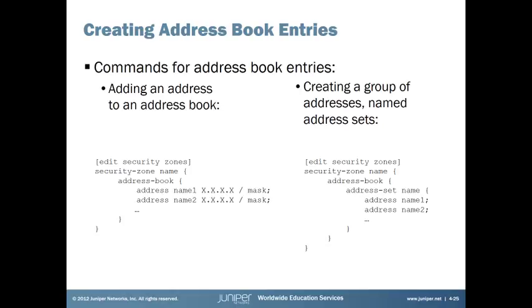So when you're writing the policy, instead of having to put each and every name in the policy, you can simply put just the address set name, and the address set will include all the addresses that are part of that address set. You still go ahead and create all the names and all the IP addresses that relate to those names, but you put them under this address set. It just makes it so much easier to reference them in a policy.